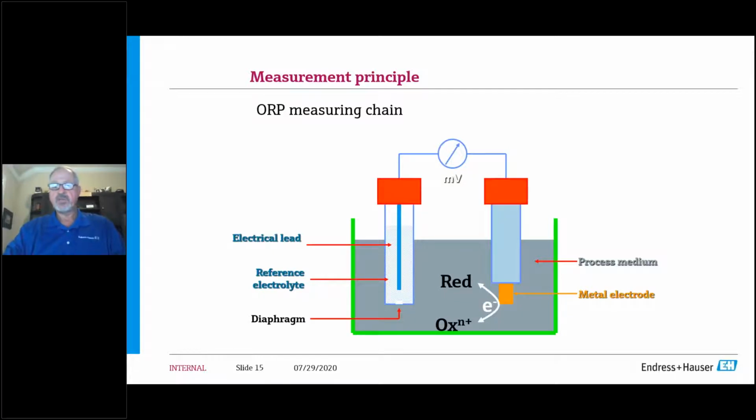It uses a noble metal, typically platinum or gold, sometimes silver. And it has a standard reference electrode with silver chloride and potassium chloride. And it's measuring through this circuit the oxidation and reduction of this noble metal, whether it's platinum or gold. And that's the typical method for oxidation reduction potential measurement.